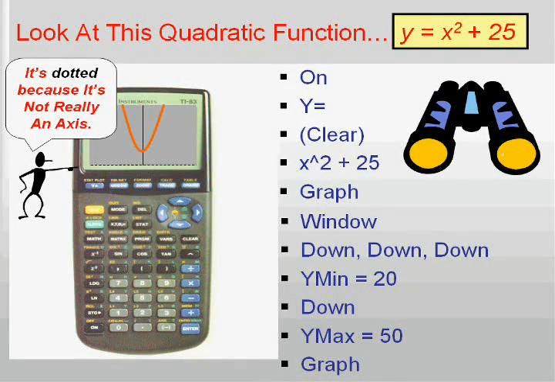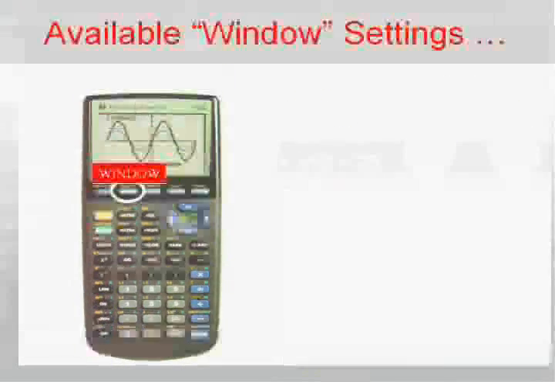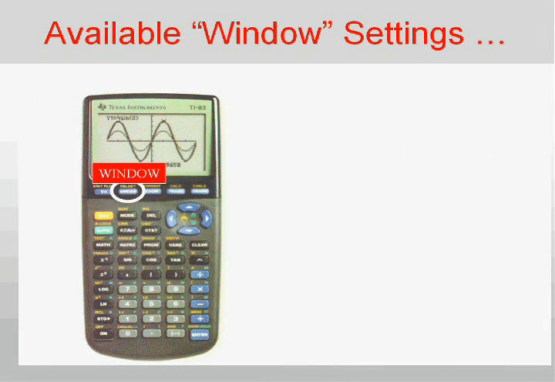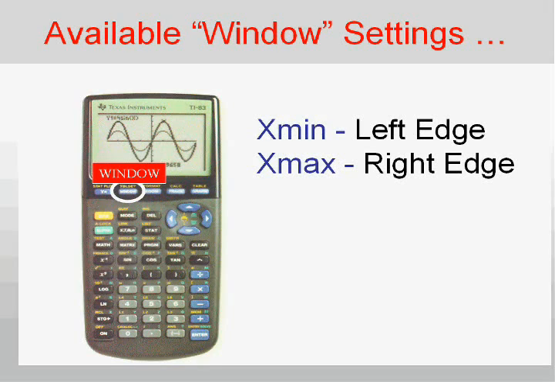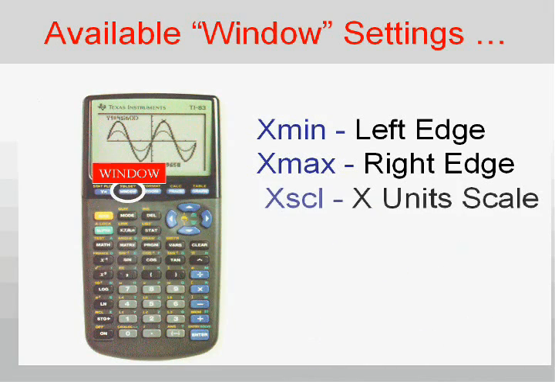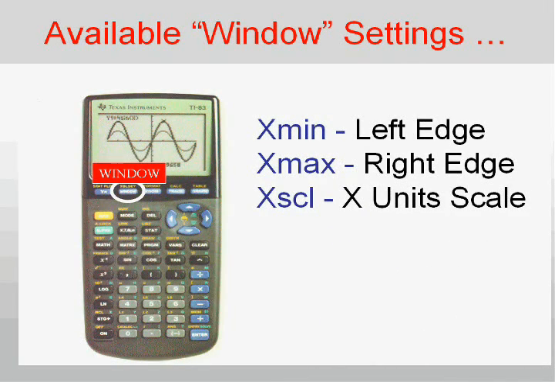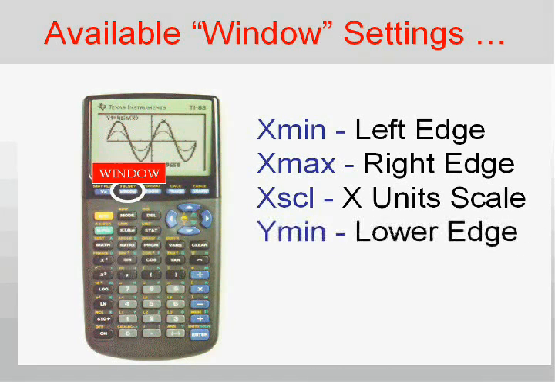Now, what are these things in the window button? What you have available to you is the x-min, that's the left edge of your window. The x-max, that's the right edge. The x-scale, that's how wide you want your x units to be.